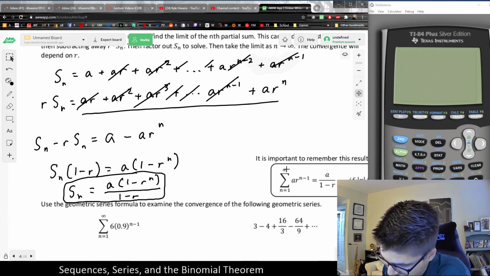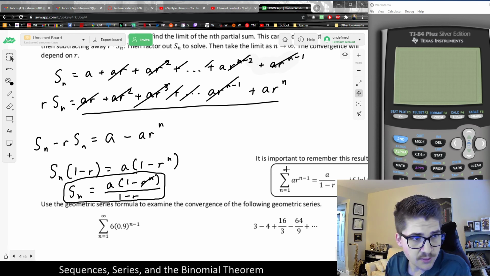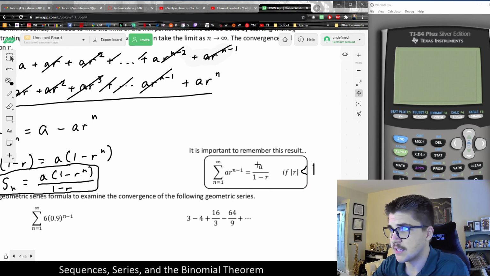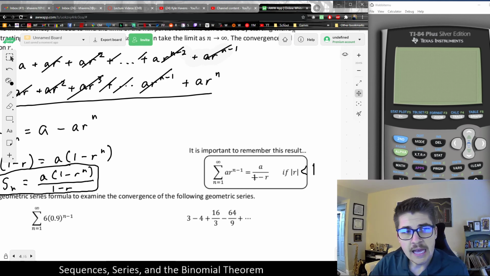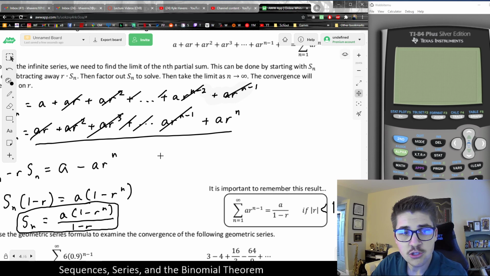And basically what happens is r to the n will always approach 0, and we'll be left with an even simpler formula, a over (1 minus r). And so you can actually find the sum of an infinite geometric series using this other formula. Anyways, again, not something you need to worry about, but I figured I would at least introduce all these concepts and see how that plays back into this proof.